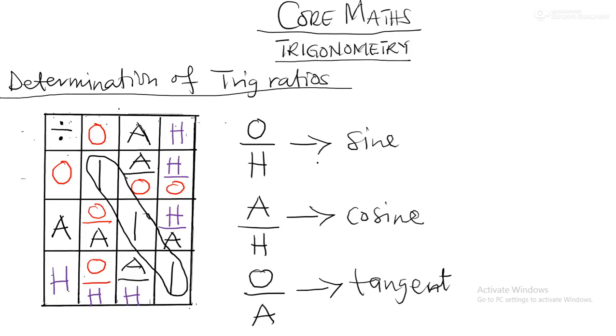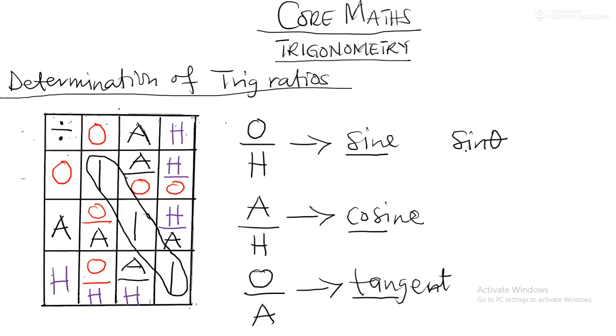What we do is pick the first 3 letters of the names of the ratios. For sine, the first 3 letters still bear the name sine. So we write sine, and because we want to relate it to the reference angle, which in our case we chose as theta, it's going to be sine theta.